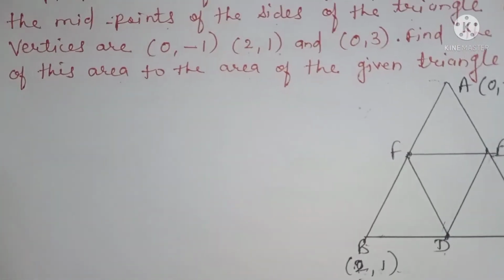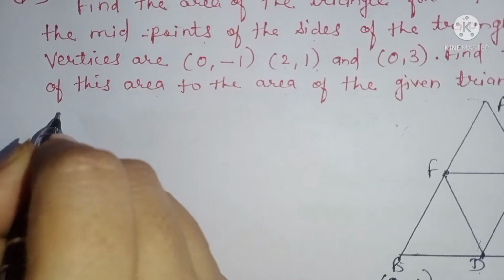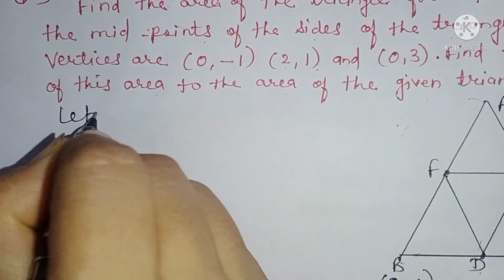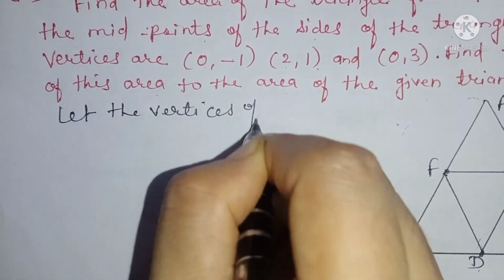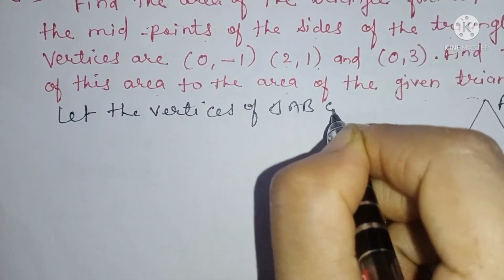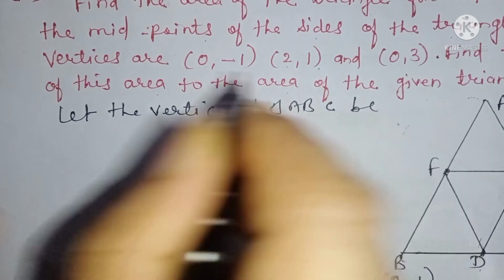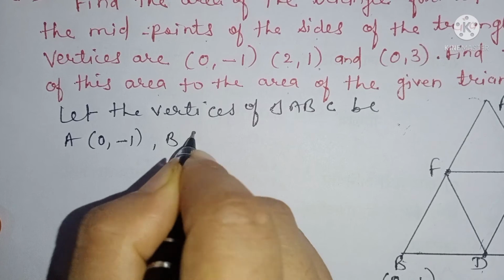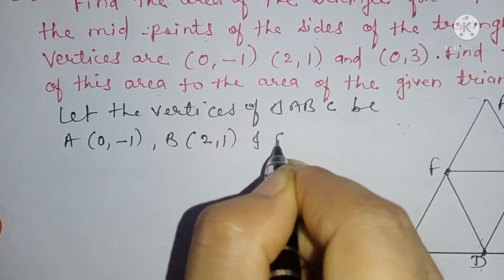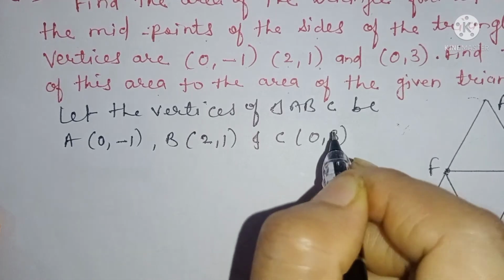So, let the vertices of triangle ABC be A (0, -1), B (2, 1) and C (0, 3).